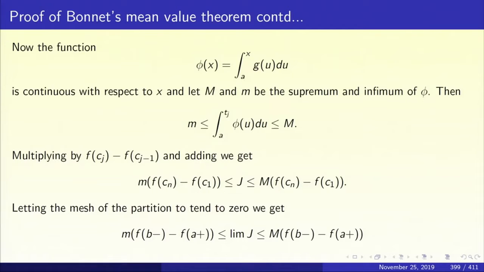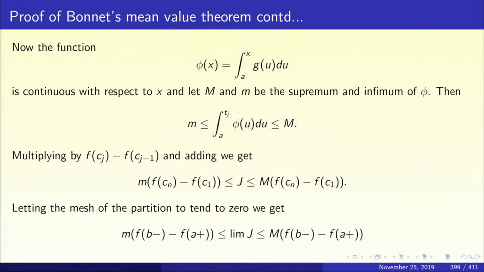Again, let the partitions become finer and finer and the mesh of the partition go to 0. Then what happens? When the mesh goes to 0, c_1 will converge to a and c_n converges to b. So, the corresponding values of f will go to f(b−) and f(a+). So, little m times (f(b−) − f(a+)) is less than or equal to the limit of J, the red term that I displayed, which is less than or equal to M times (f(b−) − f(a+)).